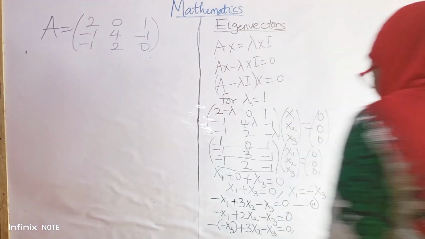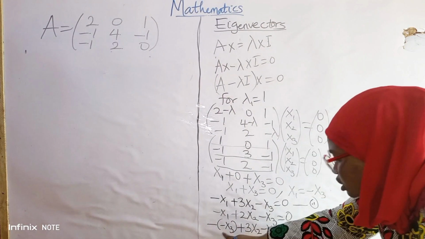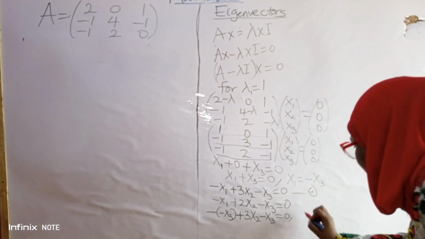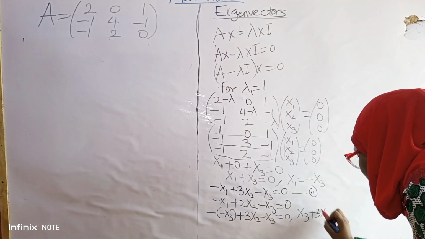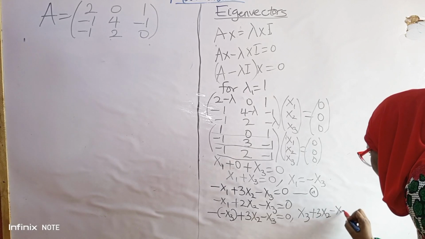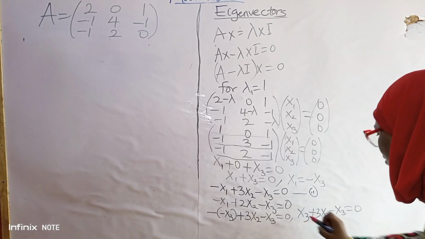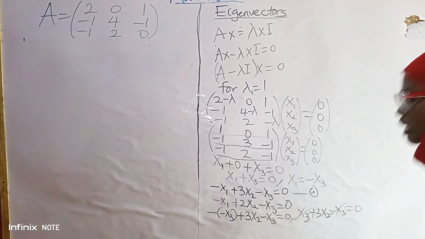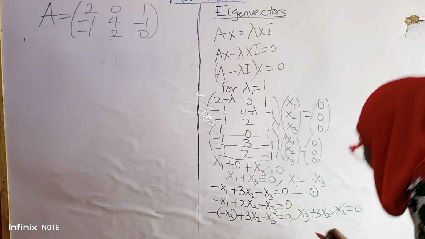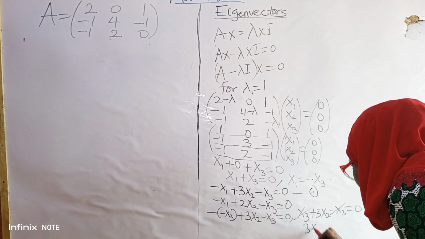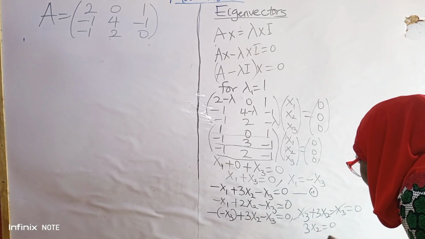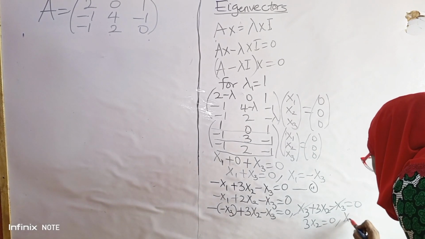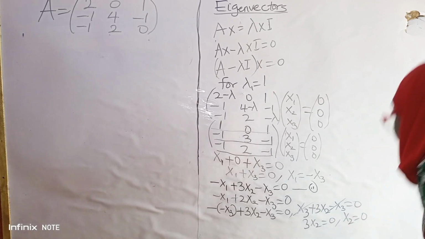So this gives me minus multiplied by minus x3, that is plus x3, then plus 3x2 minus x3 is equal to 0. Plus x3 cancels minus x3. I have 3x2 is equal to 0. So divide both sides by 3. That means x2 is equal to 0.